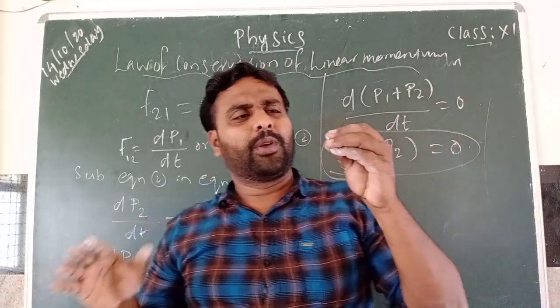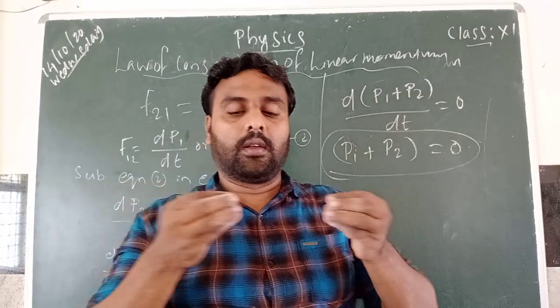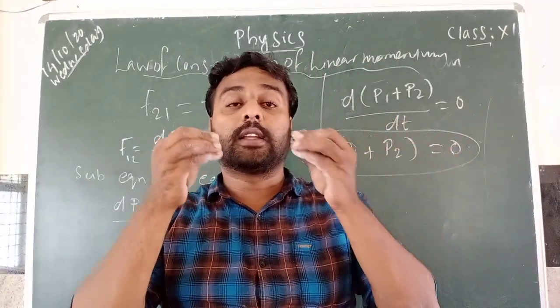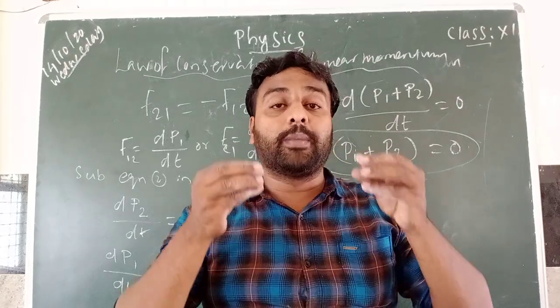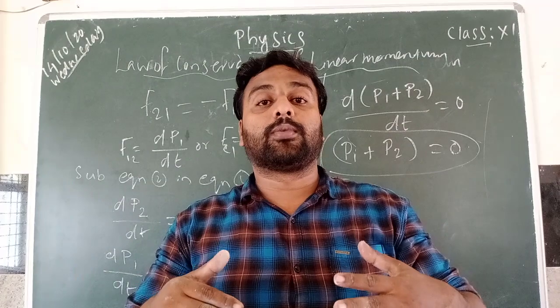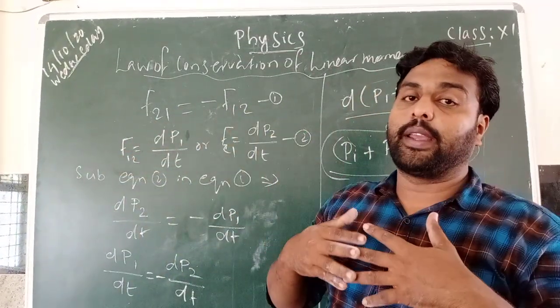Assume that P1 and P2 are there. In these two systems, always the total linear momentum will be 0.